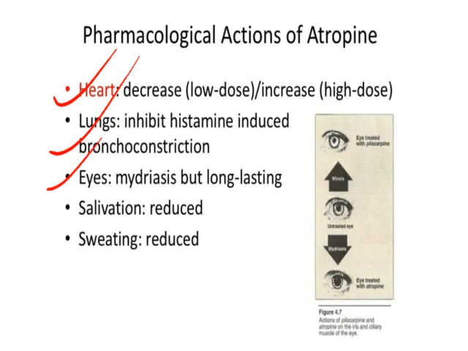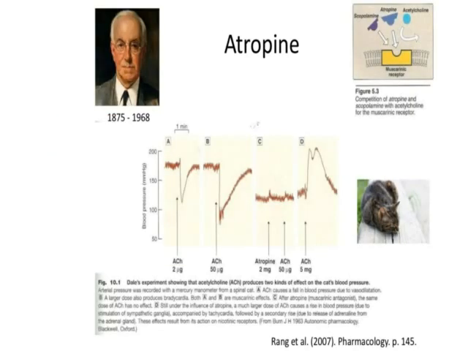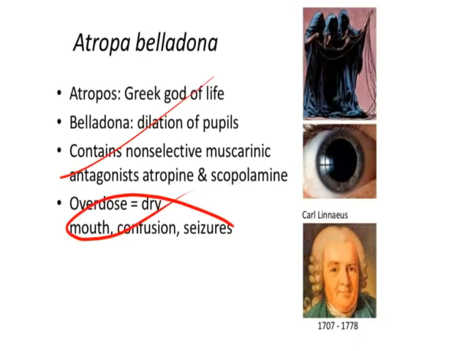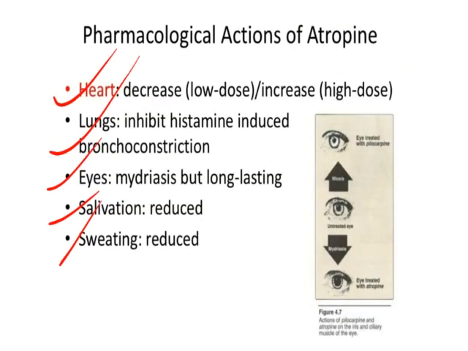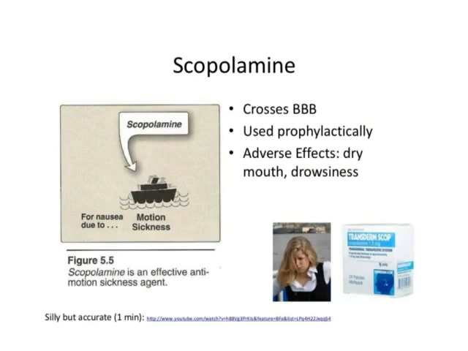In the eyes, it causes mydriasis. It reduces salivation and reduces sweating. That's why it has side effects like dry mouth, because of the reduction in salivation. It also reduces sweating.